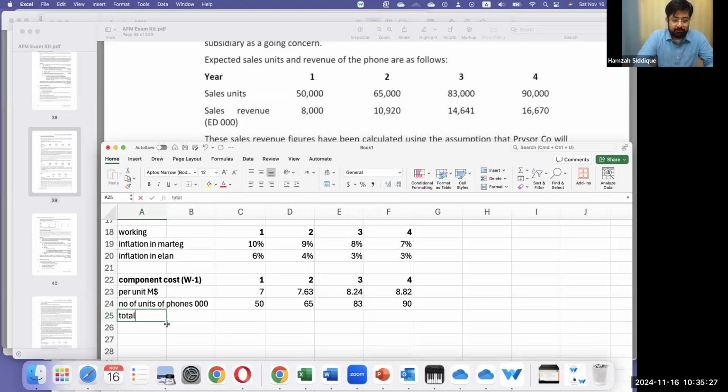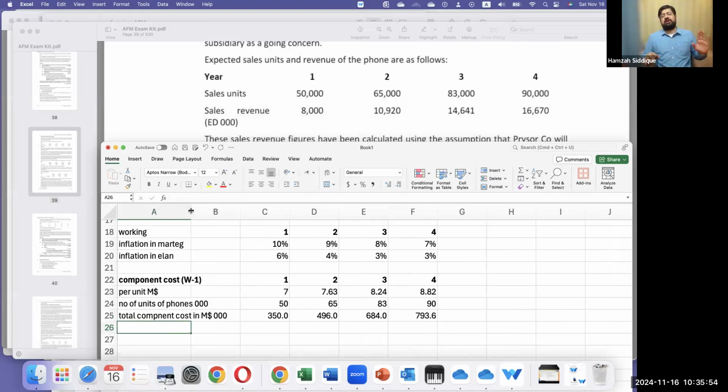So total component cost in $. Focus everyone. This into this. So component cost in $, 3-digit round off. Yes. Any confusion so far? Any calculation? If you face any problem, do ask.